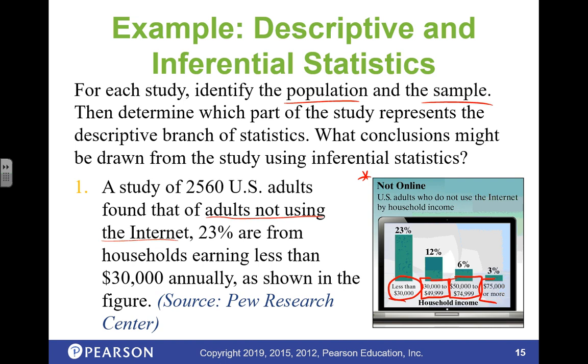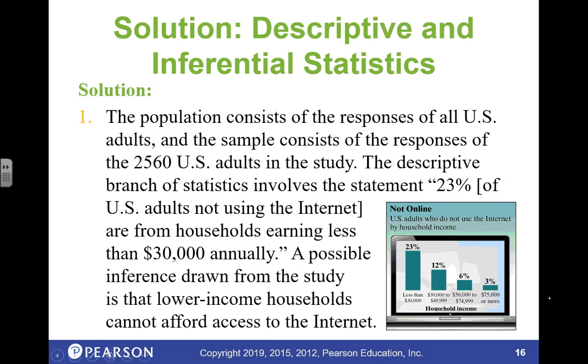So apparently there's other reasons that some adults are not using the internet other than just not having access to it or not being able to afford it. So the population, and we're not going to say responses, but it's the population of all U.S. adults. The sample is 560 people in the United States that were selected and asked this question.